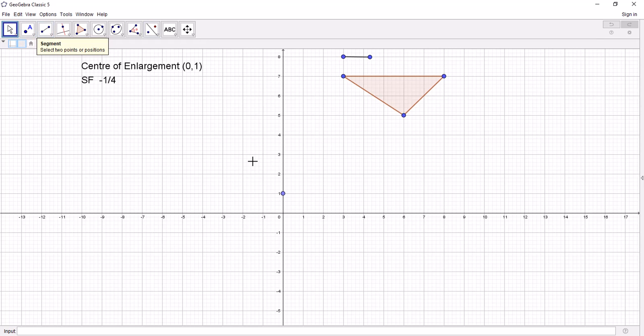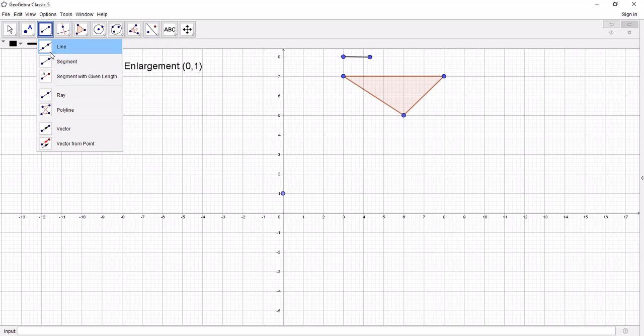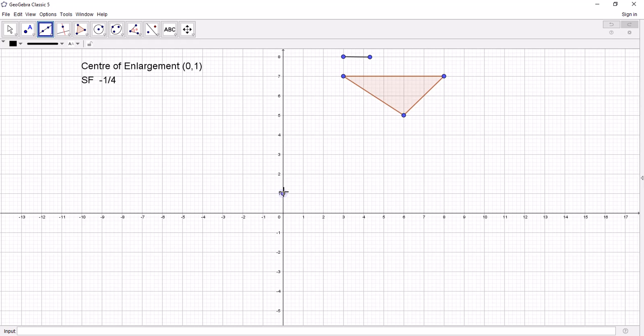Okay, so let's draw on some ray lines. I'm just going to start with one to start off with, and then we'll build it up.